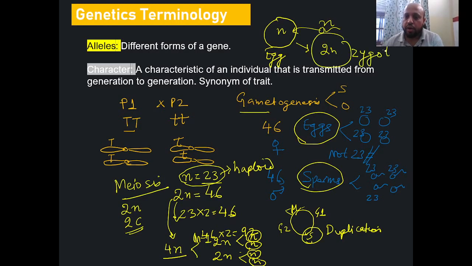This zygote further divides from one cell to two cells, four cells, and then up to a 100-cell stage to make a blastocyst. From this blastocyst, it then becomes the morula. Then from this morula, the process of embryogenesis starts. Then it gets implanted into the uterus of the mother. Then the placenta starts forming, and that's how the individual develops.